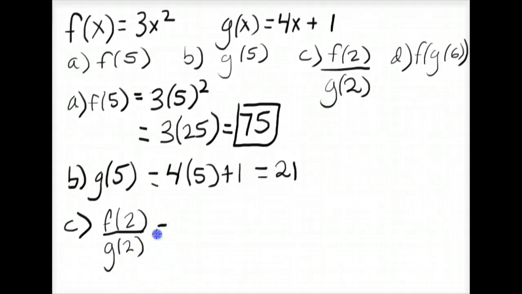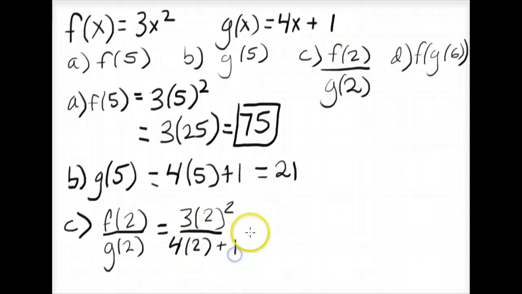So we need to first plug in 2 for wherever x is in the function f, so that will be 3 times 2 squared, over, and then we substitute 2 in the function g, so it will be 4 times 2 plus 1. So this is 3 times 2 squared, which is 3 times 4, so this will be 12 over 8 plus 1, which equals 9. Which is going to simplify to 4/3.